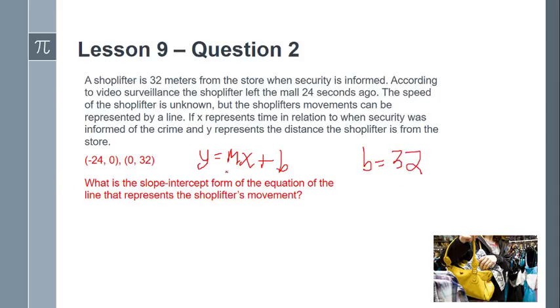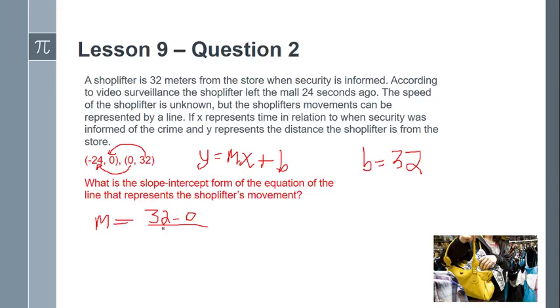All right, so now we need to figure out the slope. We can figure out the slope because we have 2 points, and we can use the slope formula. So you take the points that you had from your previous problem. Let's utilize the slope formula. So we do 32 minus 0, subtracting the y's, and then we're going to subtract the x's.